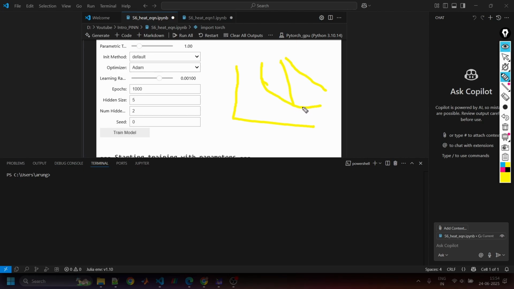But the optimization algorithm cannot show similar convergence. They saturate at 10 power minus 3, minus 5, minus 6, and minus 7. That's one of the limitations. We can't really get very accurate results.